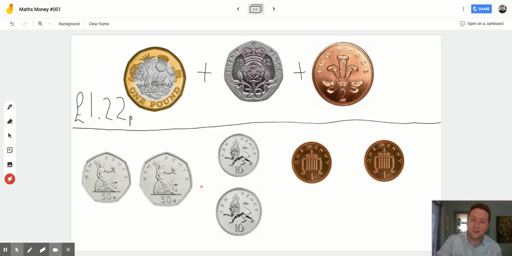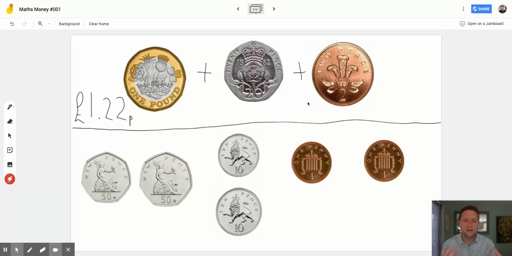So actually there's more coins, but they are worth the same amount as that top section there. So that's a really, really important part of learning about money, is that you can make the same total but with different coins, with different parts.